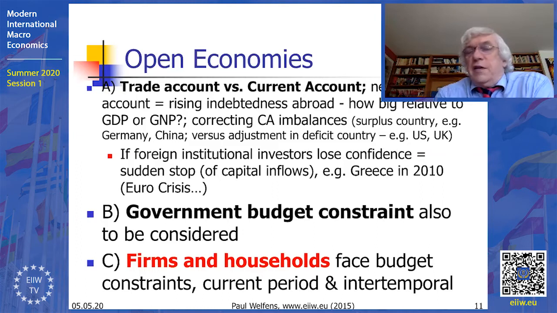So what you can then have is what we call a sudden stop, that all the capital inflows all of a sudden stop. You will no longer get any capital inflows. Rather, capital starts to flow out very quickly and dramatically. And that was, for instance, the case in Greece in 2010 when we had the euro crisis. Yeah, this can be a very serious challenge.